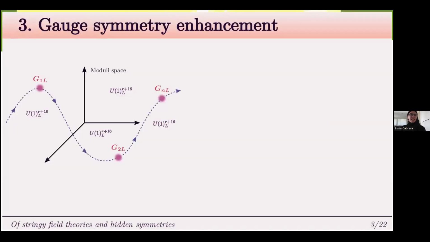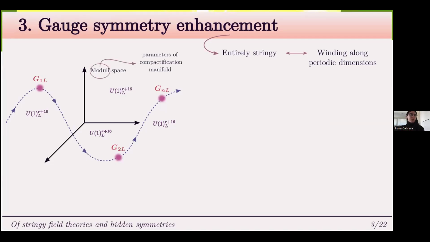So let me now talk a little bit about what gauge symmetry enhancement is in a very schematic way. As we already said, this is a purely stringy phenomenon. It depends on the possibility that the string can wind around the compact dimensions because it's a one-dimensional object. And as we already said, we will not only be caring about topology, but we will also be caring about the moduli, which are kind of like the parameters of the compactification manifold.